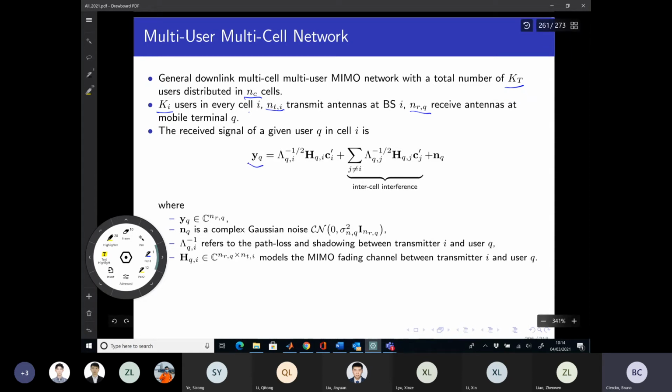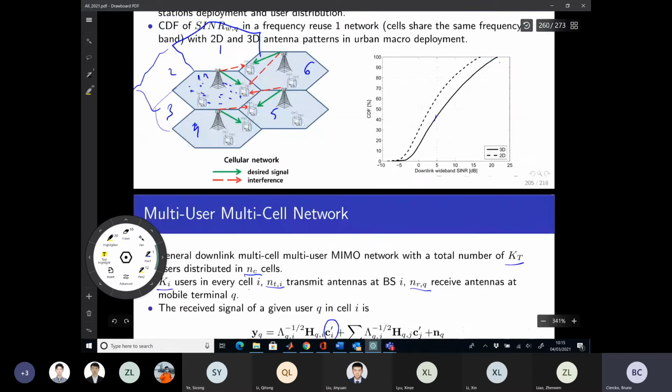And so a certain receiver here, receive vector, observation vector, because I have multiple receive antennas at user q potentially. I have a MIMO channel matrix for user q between the antenna i, base station i, and the user q. And I transmit a signal vector c_i prime. So the c_i prime essentially would be here, for instance.